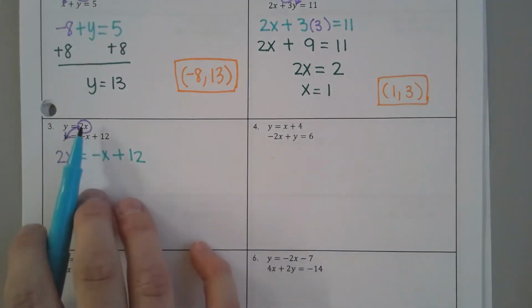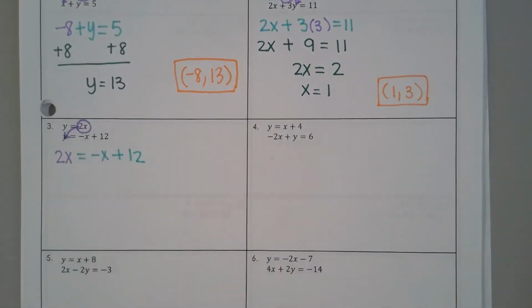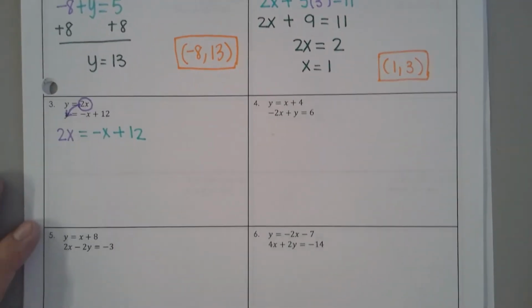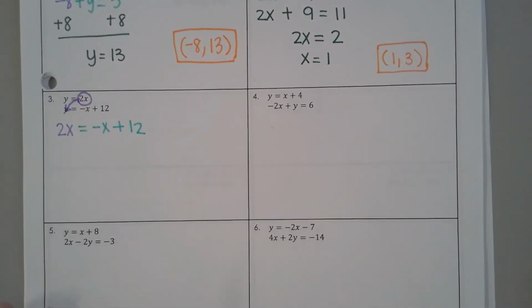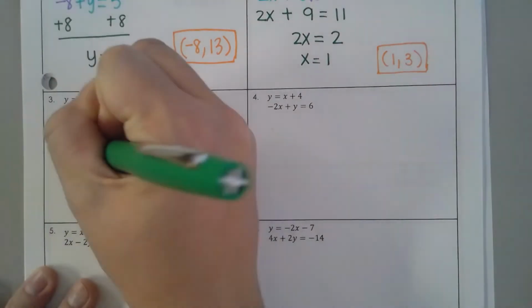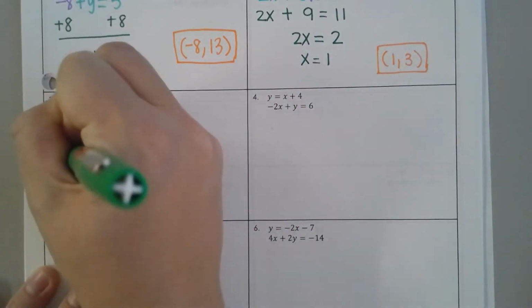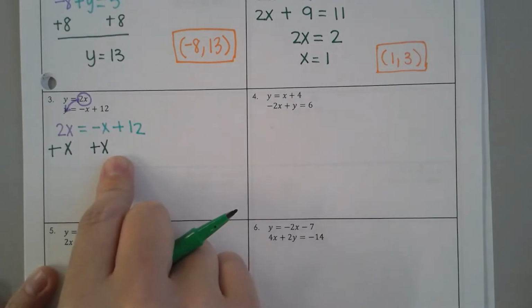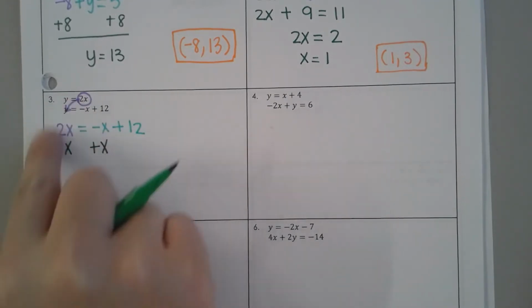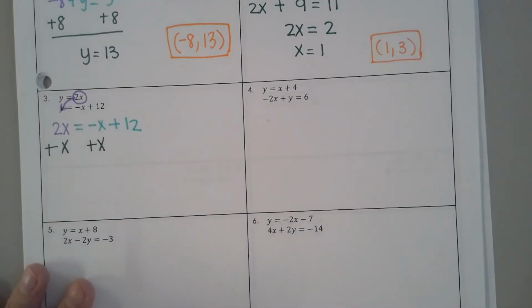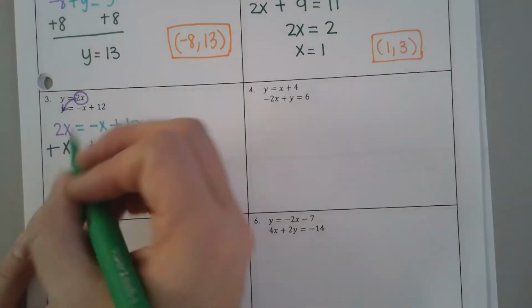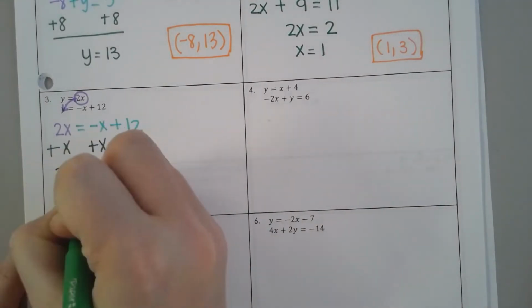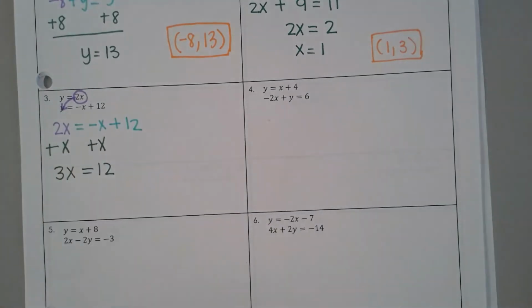So I took whatever y equals, plug that in for the y on the other side. And how do we solve? Add the x. A lot of times people want to subtract the 2x. Well, if you do that, you've left an empty space over here. You don't want to have an empty space. So we get 3x equals 12.